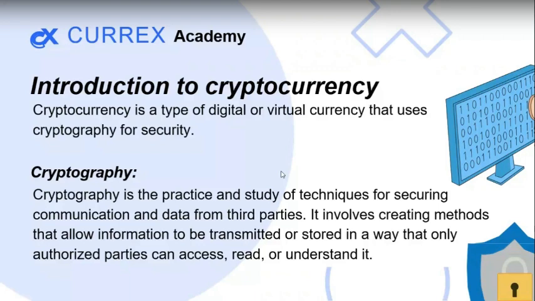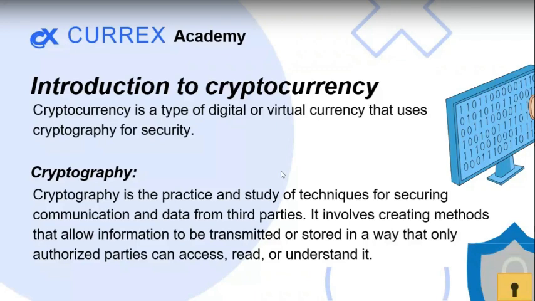And we are told it's a type of digital or virtual currency, meaning it only works virtually. It's a digital means of sending something to someone. Unlike fiat, let's take Naira for example, it's not digital. That's a fiat, that's a hard note. So this makes it different.